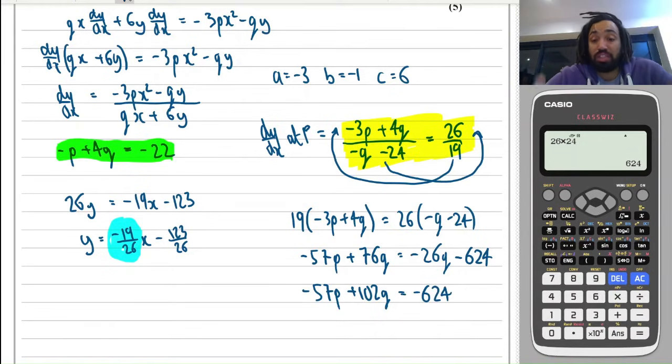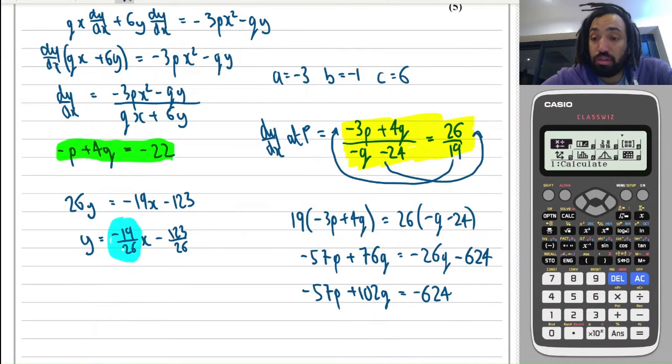Right, so now they're in simultaneous equation form. I'm going to go to my calculator to solve the simultaneous equations. So I'm going to go to menu, equation, simultaneous, two unknowns. I've got minus 1 for P, I've got 4 for Q, and I've got minus 22, and I've got minus 57, 102, and minus 624.